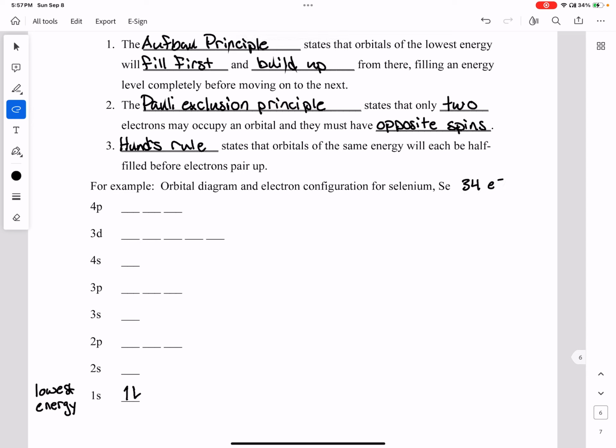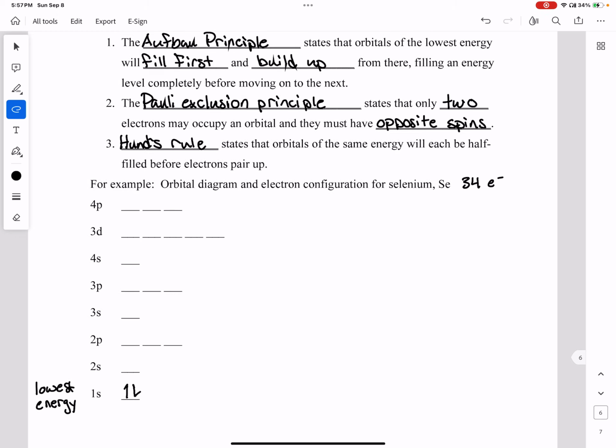Now I won't forget. So there is my 1s. In the energy level of 1, it only has one s orbital. It's too small to fit any other orbitals. So we'll go up to n equals 2 to the 2s, and we'll put 2 electrons in there.